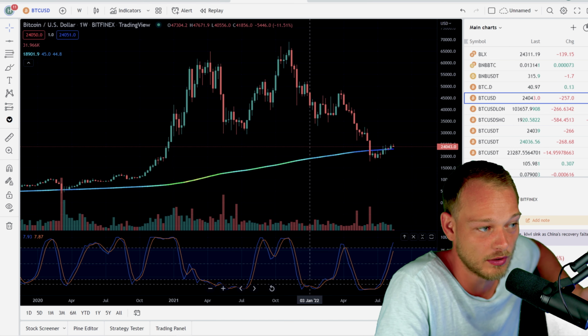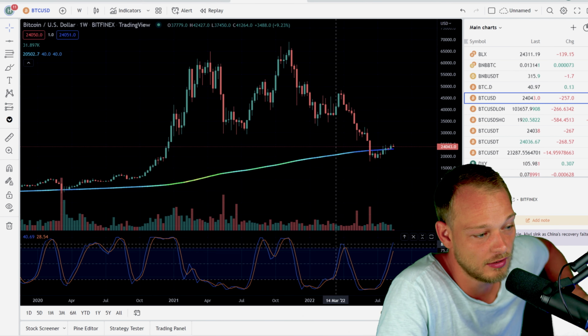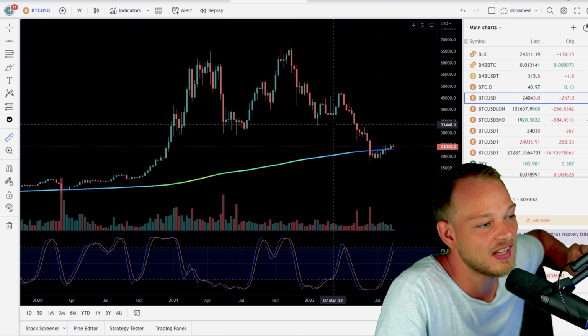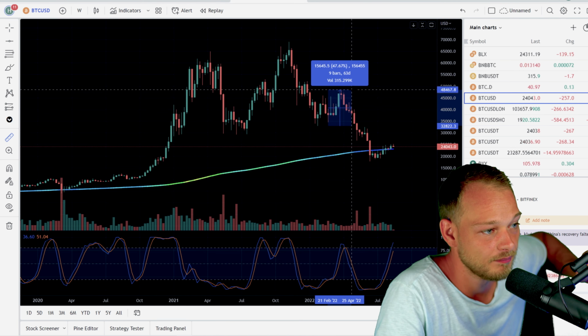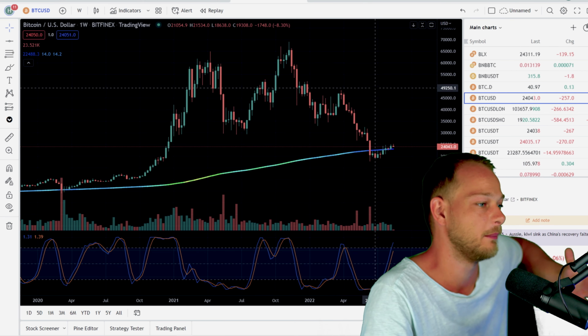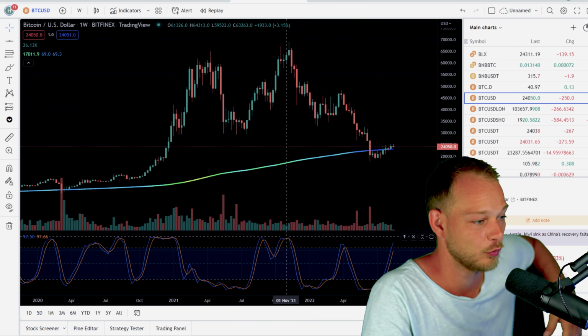Because if we take a look at where the price of Bitcoin was, we were here, right? But when it was in the oversold area, we were here, and it doesn't look like a lot, but if you really take it from the bottom to the top, that's a 47% move, and it could be way bigger than that, of course, because here we were really oversold as well, and here it was overbought, right?